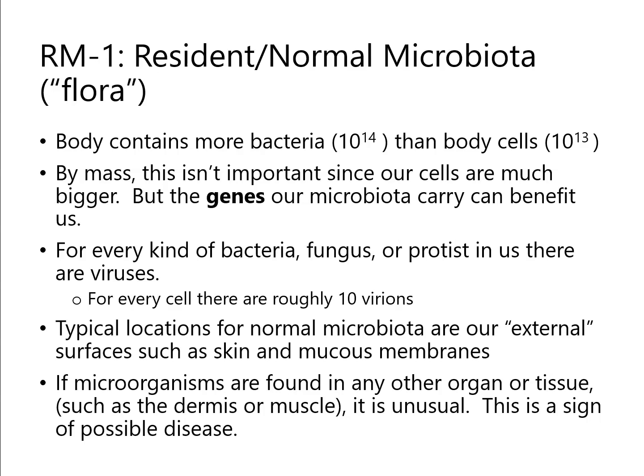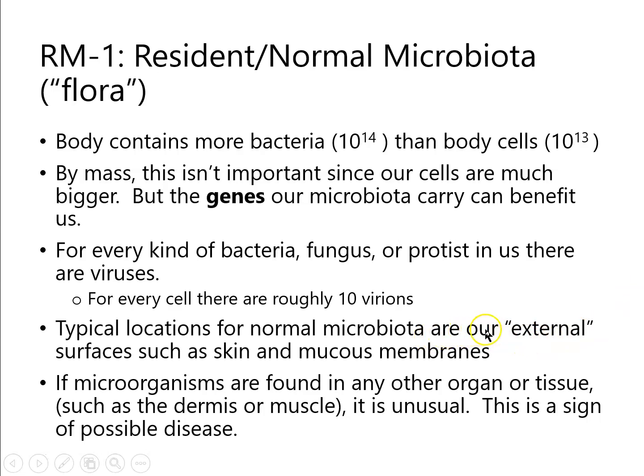So the conjunctiva, the respiratory mucous membranes, the entire alimentary canal, those are all colonized. The male and female urethra, the vaginal lining, we find bacteria and other microorganisms in all of these places. And that's what we expect.